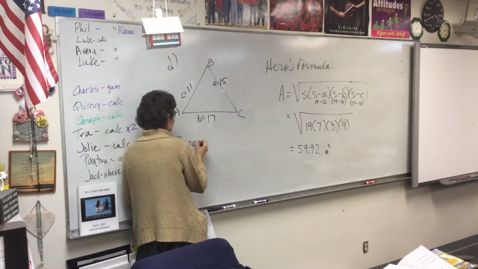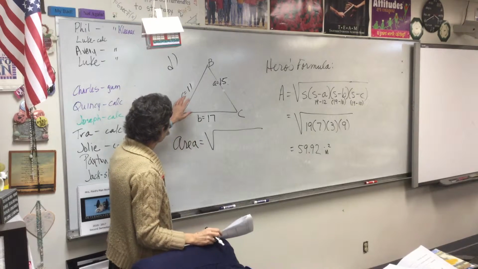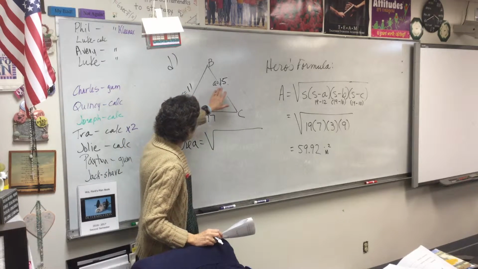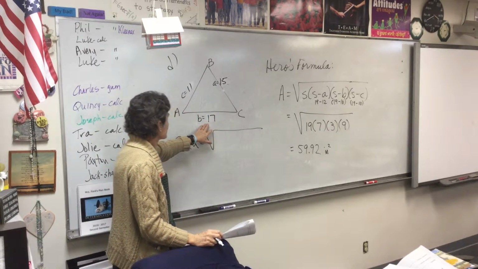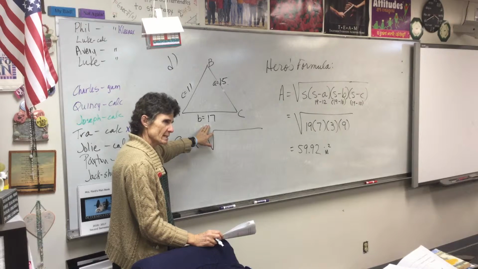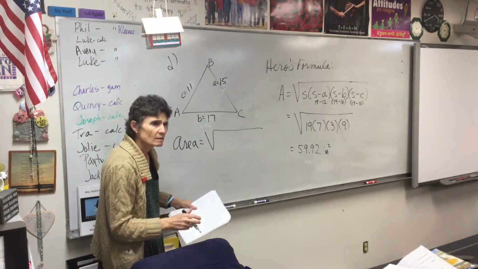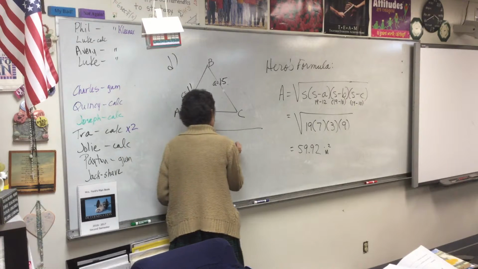What's my area going to be? I need the semi-perimeter. So I add up 11 and 15 and 17, and what do I get? 43. What's half? I need half, remember. What is the semi-perimeter? 21.5, so that's what I start with.